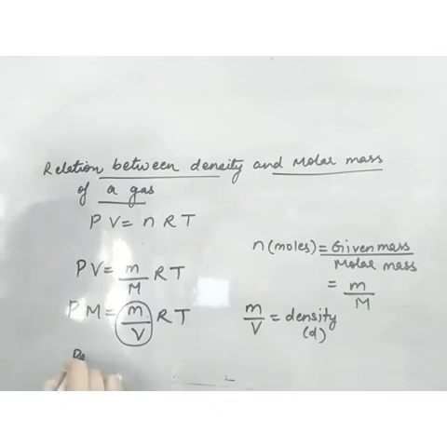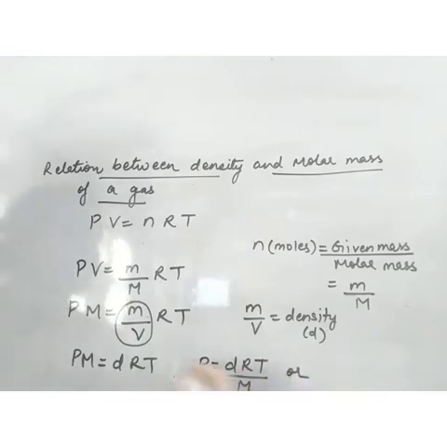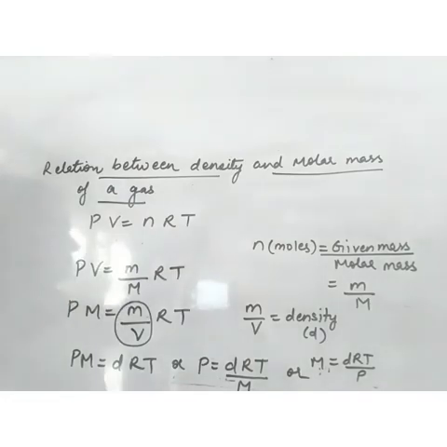Okay, so PM is equal to dRT, or M is equal to dRT upon P. Okay, so this is the relation between density and molar mass. Okay, now this is molar mass and this is density.